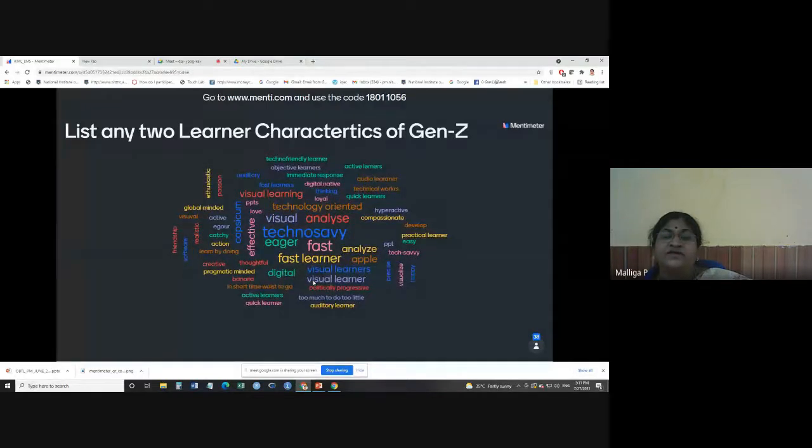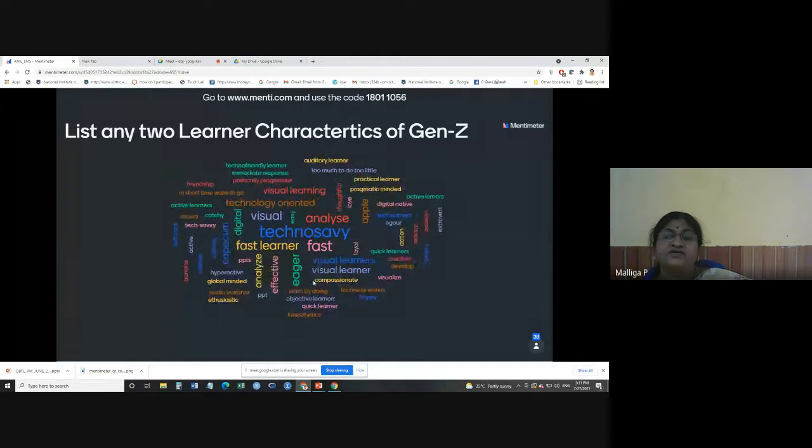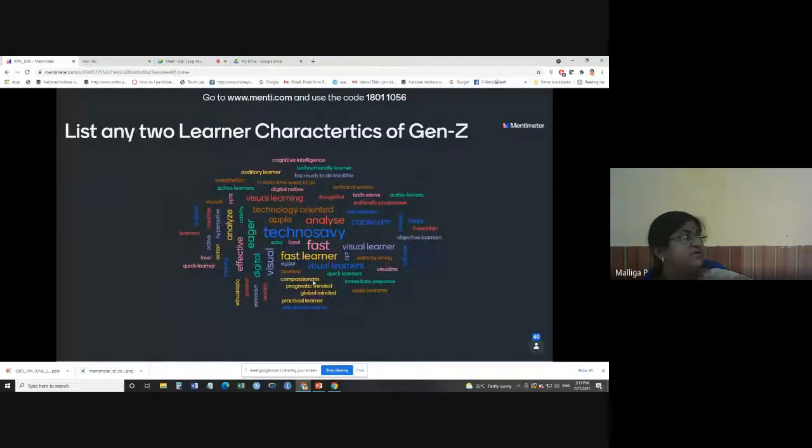How are you classifying them? Many people have said visual learners. Techno-savvy. If you see the cloud, out of 38 people, many people have said they are technocrats or techno-savvy, right? So that is in the middle and it is very bold.